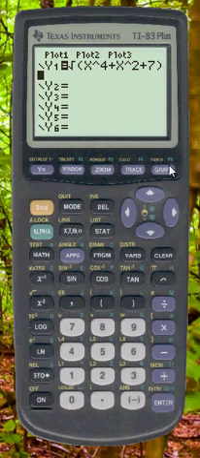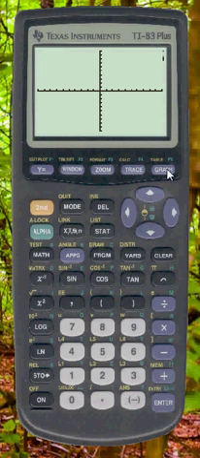And let's take a look at that graph. There you go.